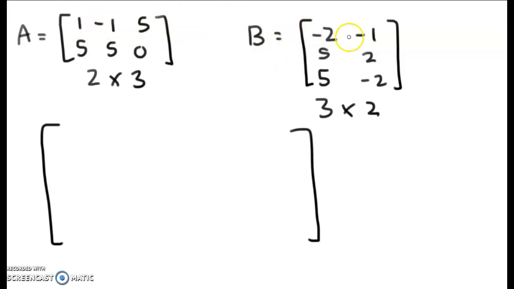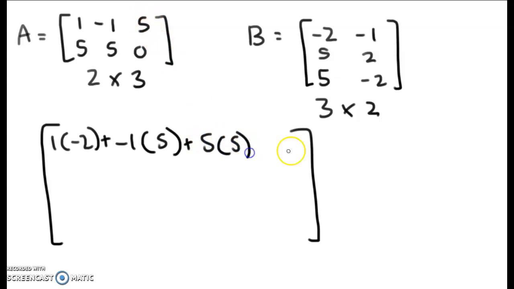We have 1 times negative 2, and then we add that to negative 1 times 5. And then we're also adding that with 5 times 5. And adding these together will come up with our value for the top left term.